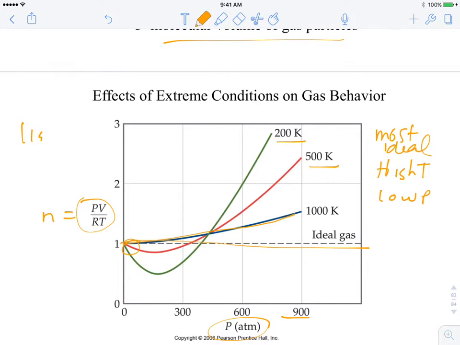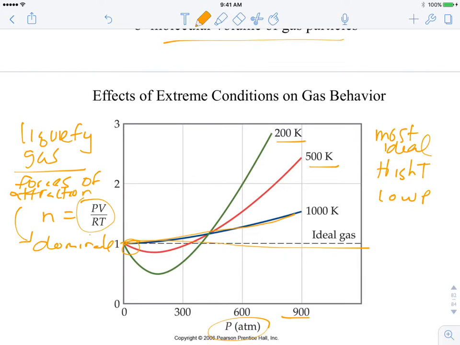And liquefying the gas happens because the forces of attraction take over. Forces of attraction start to dominate. The gas forms a liquid, it condenses. If you were an ideal gas, guess what? That would never happen. You would never actually condense.